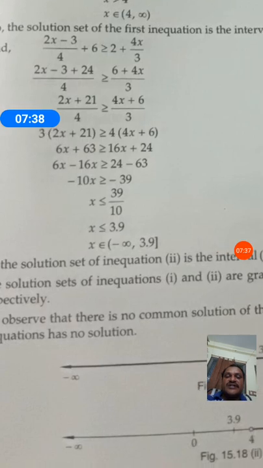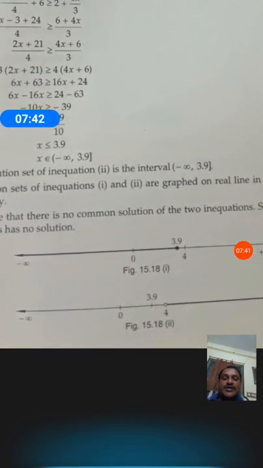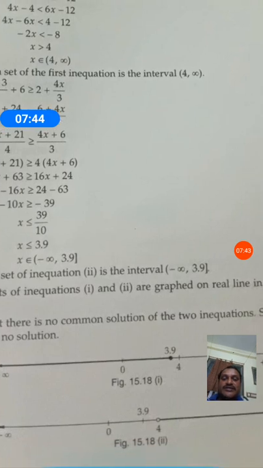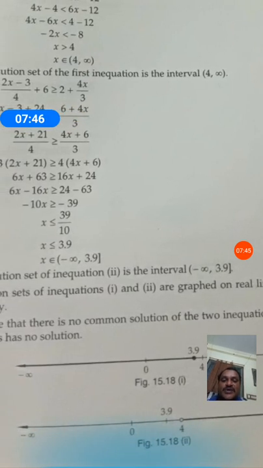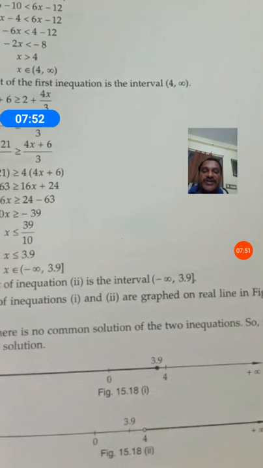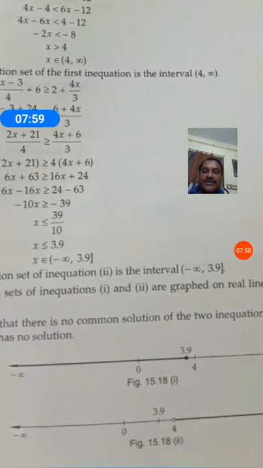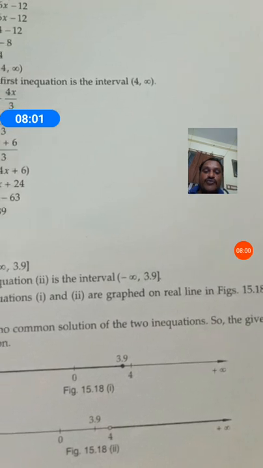If you observe, my dear students, the solution of the second one is minus infinity to 3.9, and the first one is 4 to plus infinity.